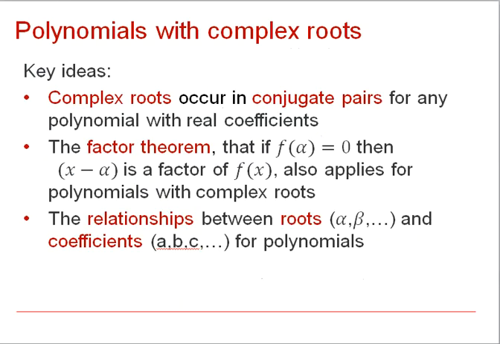So these are the key ideas: that complex roots occur in conjugate pairs for any polynomial with real coefficients; the factor theorem, that if f of alpha equals 0, then x minus alpha is a factor of f of x, and that this also applies to polynomials with complex roots; and the previous work we've done on the relationship between our roots and the coefficients for polynomials. Do pause here and go and revise these ideas if you feel you need to.